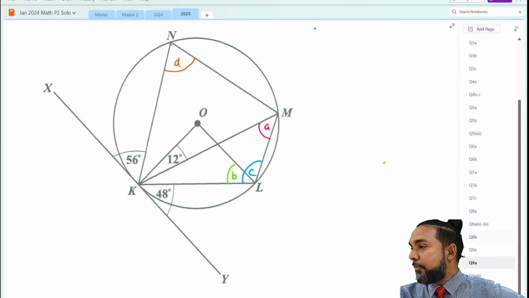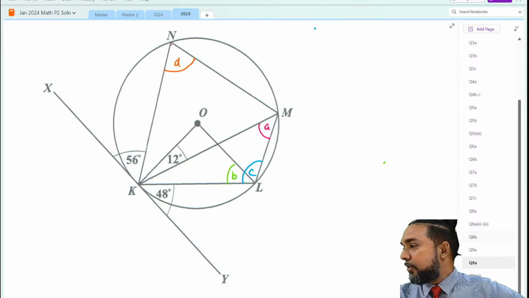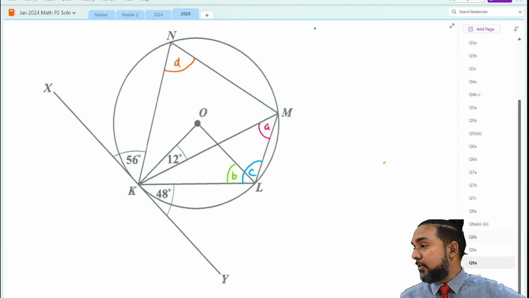Are we going with the pink one first, then the green, then the blue, then the orange? Yeah, circle theorems are a real nice topic.